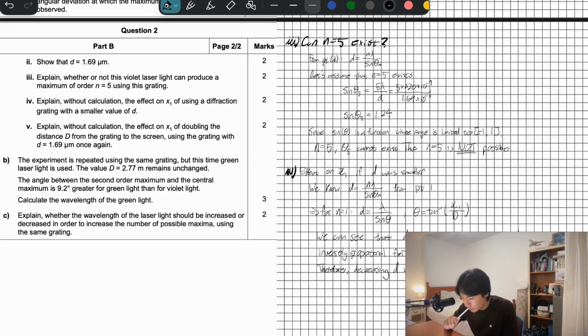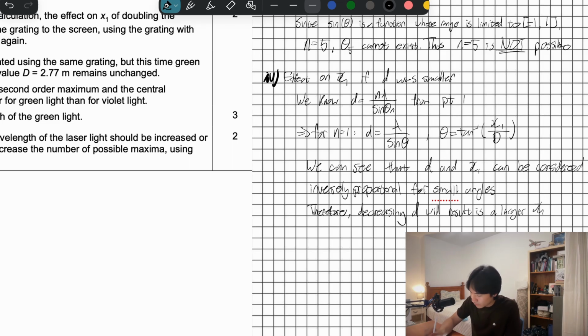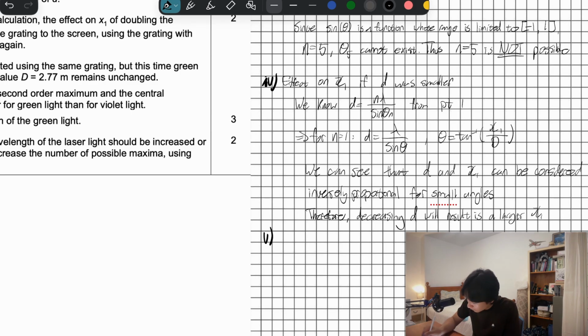Okay, so part 5, explain without a calculator the effect on x1 of doubling the distance d from the grating to the screen using the grating. Let's do this quickly here. For part 5, the effect on x1 if d is doubled.